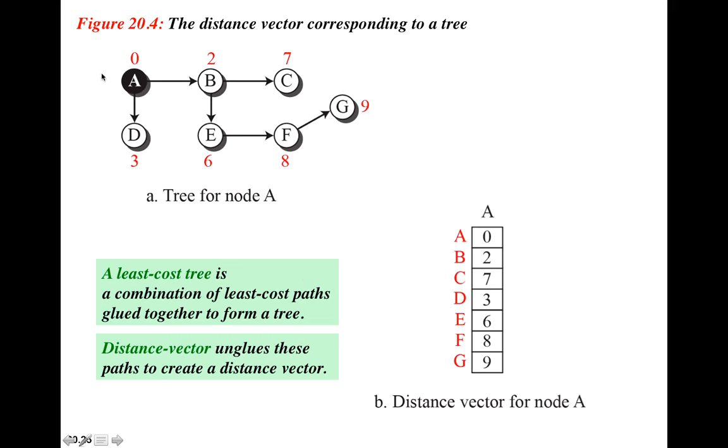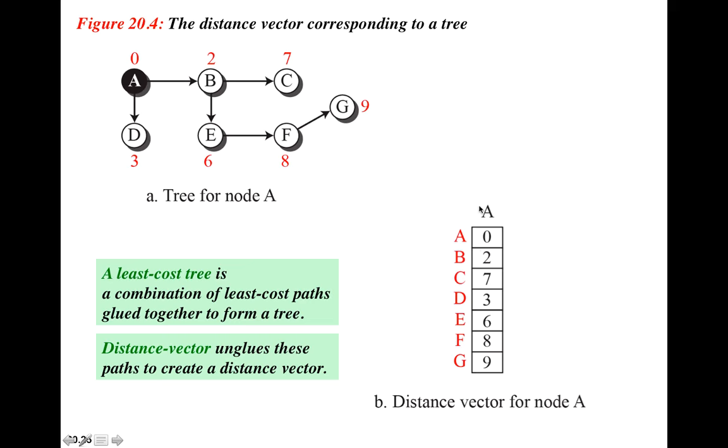To quickly introduce to you what the distance vector is, this is the least cost tree that we saw from the previous video. We have A as the root and we have the least cost to every other node from A. In distance vector, you take this information of the tree and you convert it into a vector.